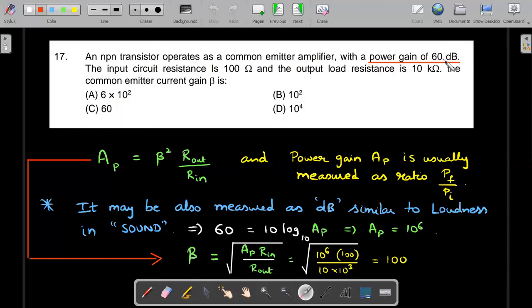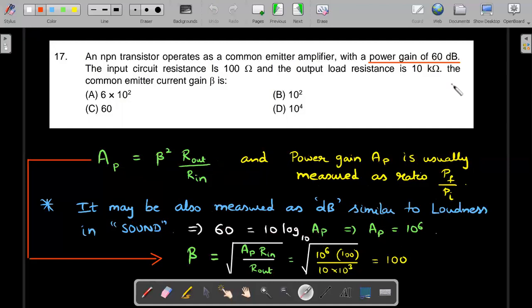Okay, right? So you should realize that the power gain formula was beta squared into R out by R in, as a ratio. The power gain is usually measured as final power by initial power, but it may also be measured in decibels, similar to the loudness in sound. This is a common operation. So whatever ratio you have here, you just substitute in the decibel scale, which is 10 log of the ratio.